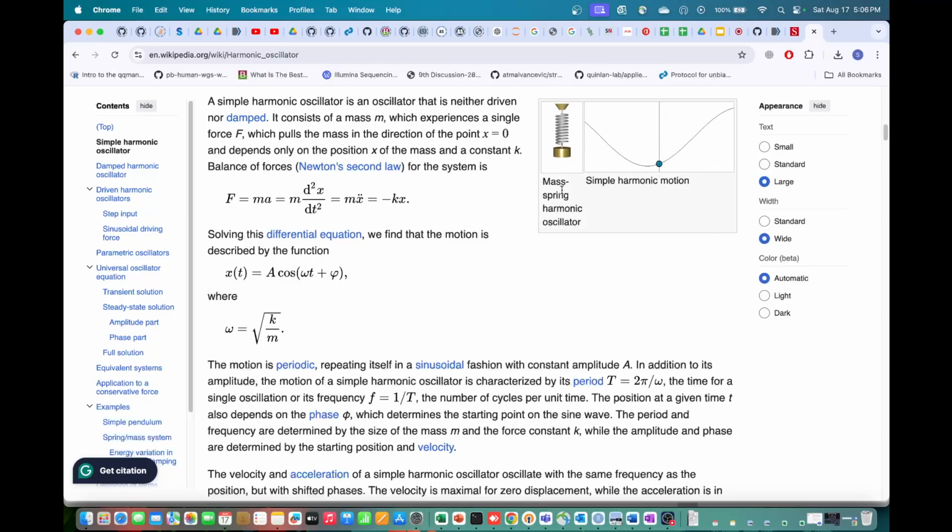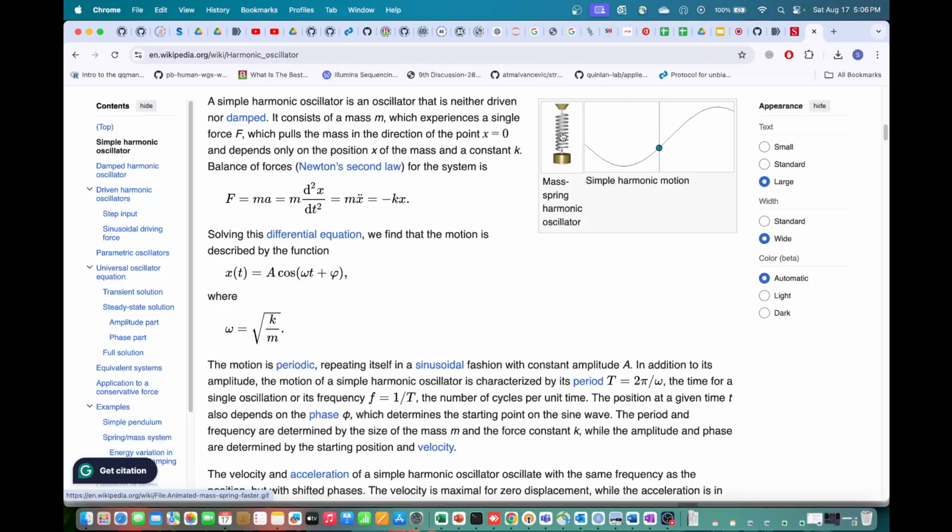This will go on coming up and down if there is no resistance to the spring, but in real life there is resistance. What brings about the resistance for the spring is basically damping.